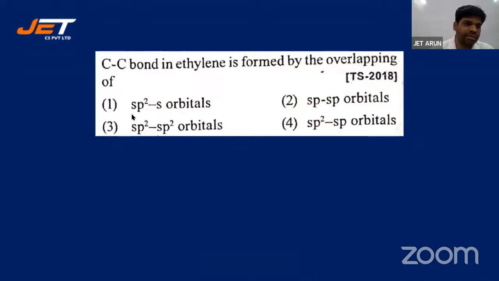Okay, this is 4. Priya says 2. All right. Here's the key, students: sp2 orbitals.